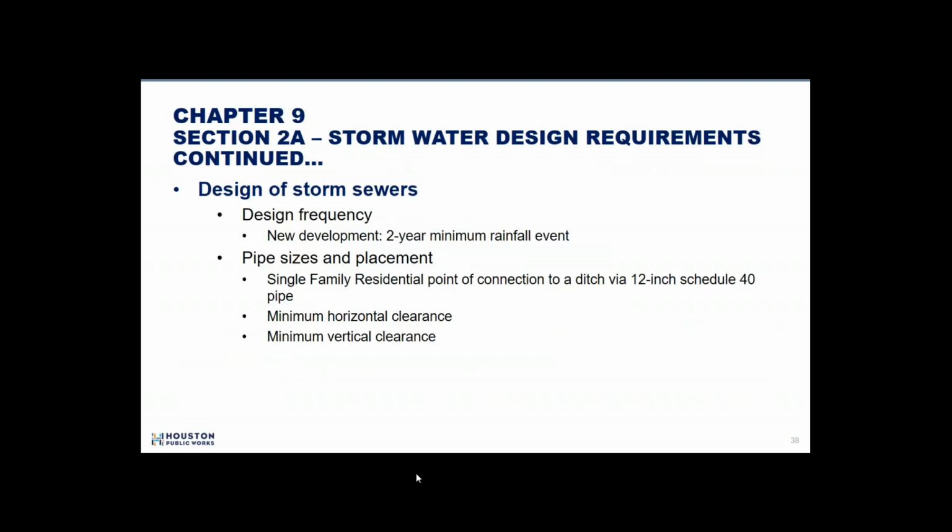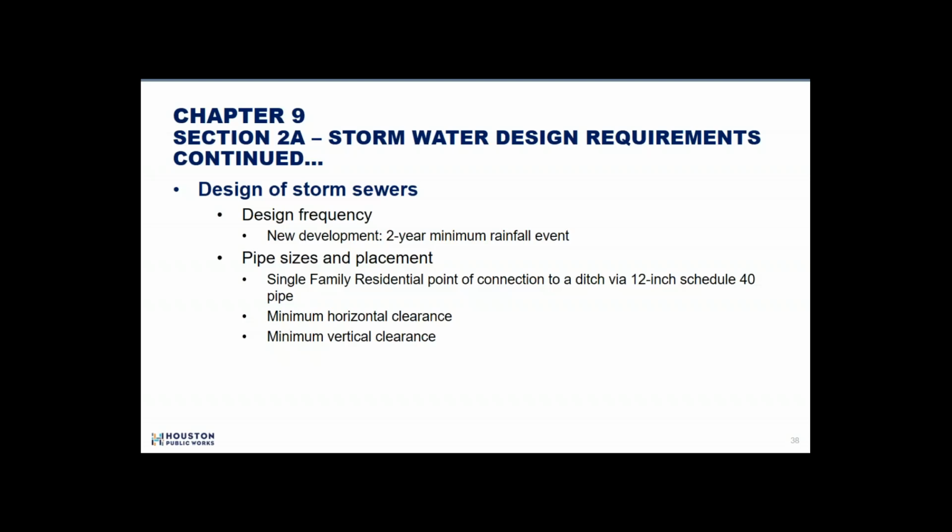So now let's get into the actual sections and actual requirements. Starting out with the design of storm sewers under section 2A, under the design frequency, we're just reiterating what everyone knows, that we have the 2-year minimum rainfall.